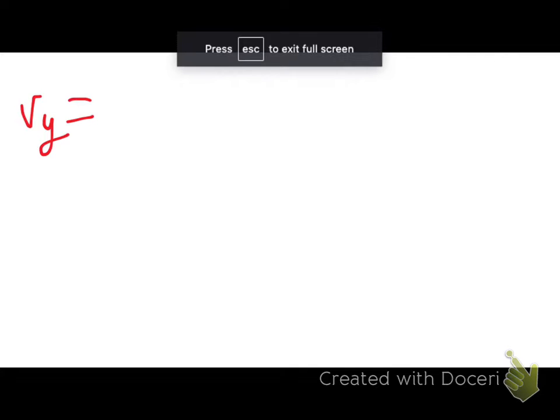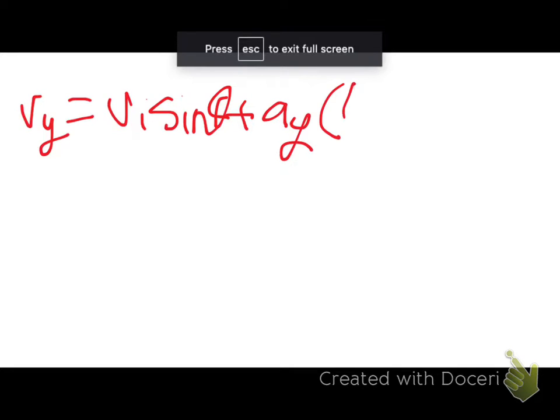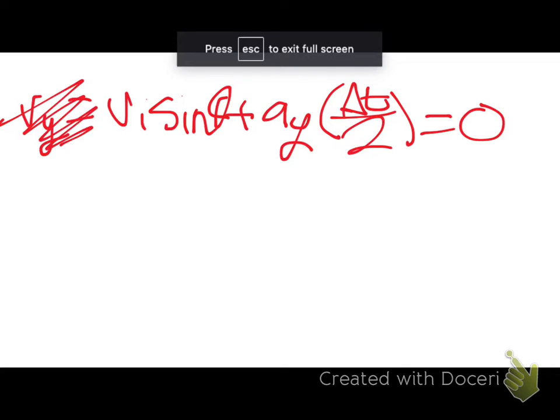That plus sign there is where the negative comes from, because when we solve it like this, we have velocity initial sine of theta plus acceleration of y times half of time, okay, equals 0. So by saying equals 0, we can get rid of this piece, okay?